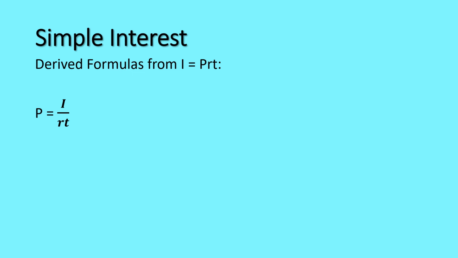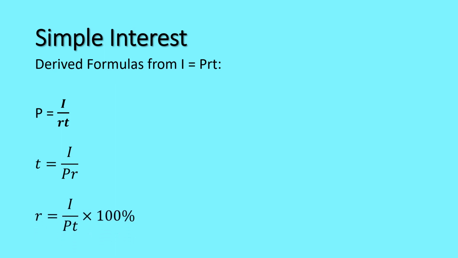And again, coming from the formula I equals P times R times T, in getting the time, that is equal to I all over P times R. And what you will get here is already in terms of years.